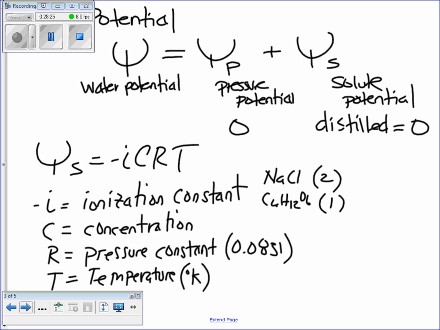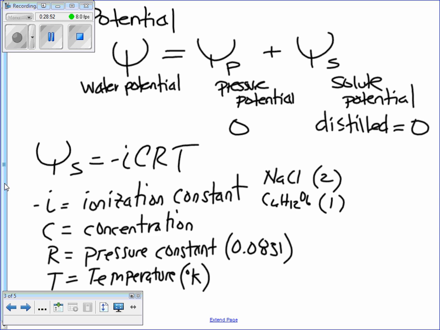Those are the numbers you plug in, then multiply together to get your solute concentration. Then you plug that into this formula to get your water potential. If you're dealing with animal cells under normal conditions, usually it's going to be 0 plus whatever you calculated for your solute potential. It changes a little bit with plant cells, as you'll see.